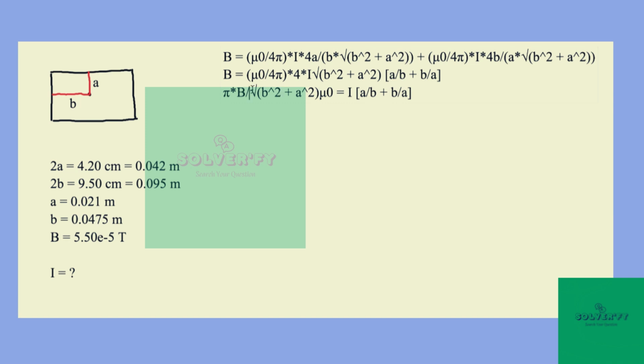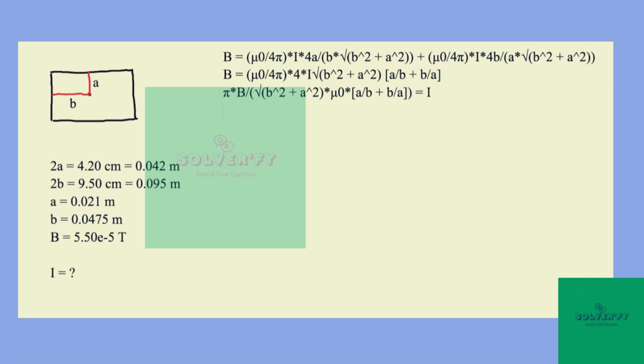So let's do that. Put this in parentheses to show that this is all in the denominator. And then finally, we need to divide by this a over b plus b over a term. So that will also go in the denominator here. So this is going to be our final expression for I. So all we have to do is just plug this in and solve it.